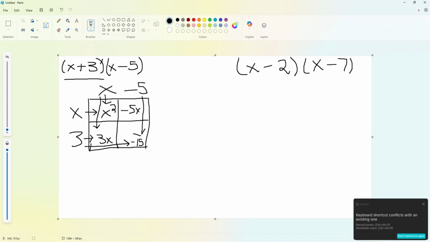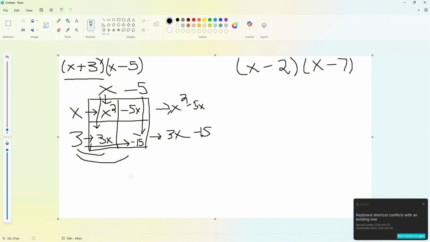Like I said earlier, it doesn't really matter whichever way you do it. Like if you multiply 3 to negative 5 first, and then you multiply this way, you can do it however you want. Alright, now adding these values up, we'll get x squared, negative 5x, 3x, and minus 15.